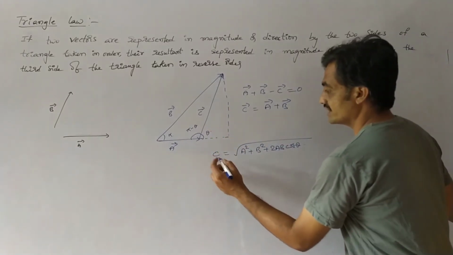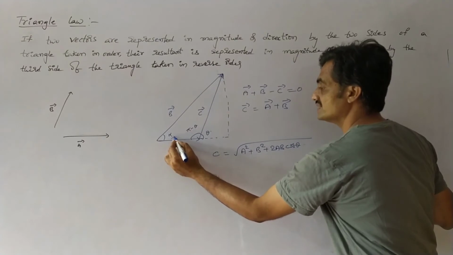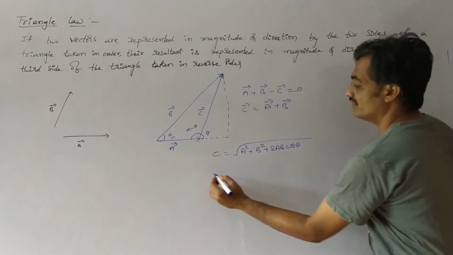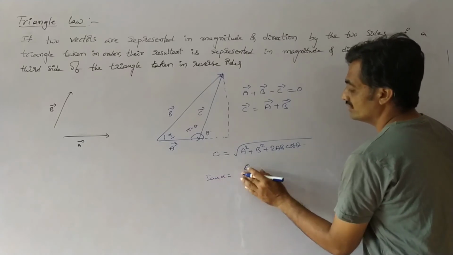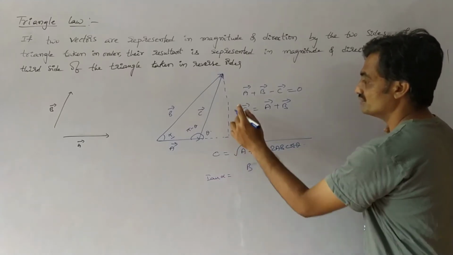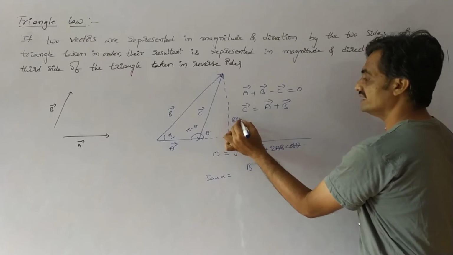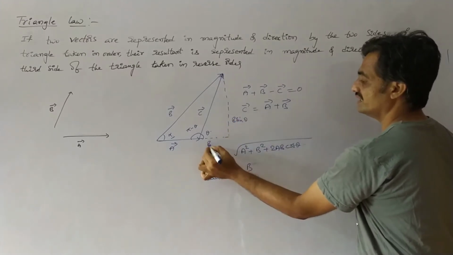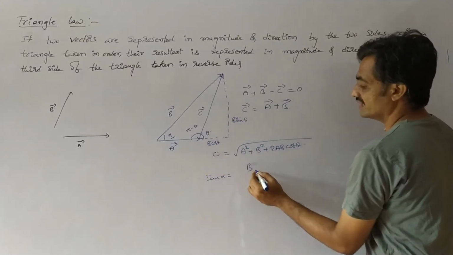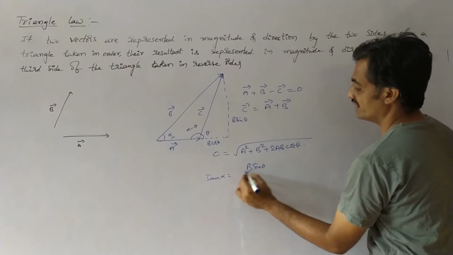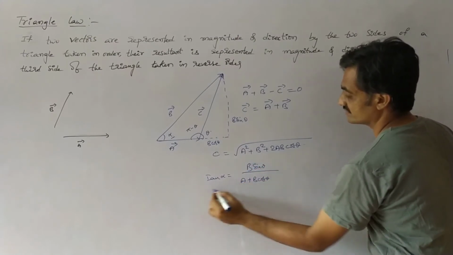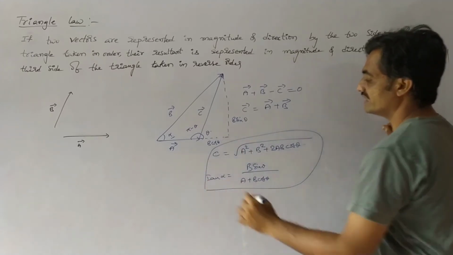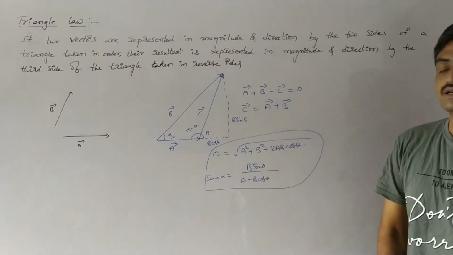Whereas its direction is represented by the angle alpha, given as tan alpha equals B sin theta divided by A plus B cos theta. Here we represent B sin theta and here we represent A plus B cos theta. It represents the direction and magnitude based on the triangle.